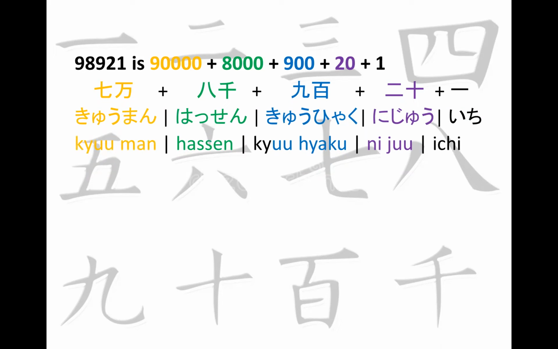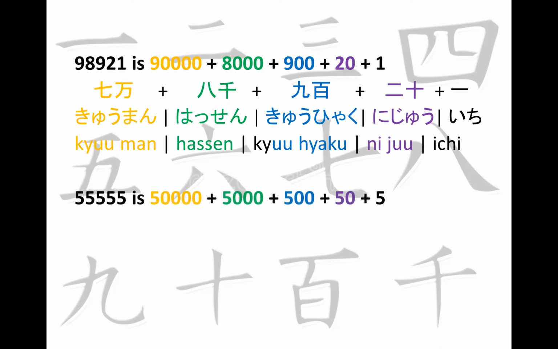Once again, slowly, per syllable, kyuman, hassen, kyuhyaku, niju, ichi. Or 98,921. Now, can you try answering this one? And then I'll give you the right answer a few seconds after your answer.